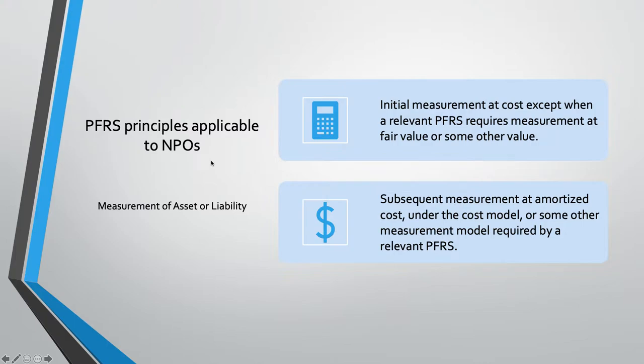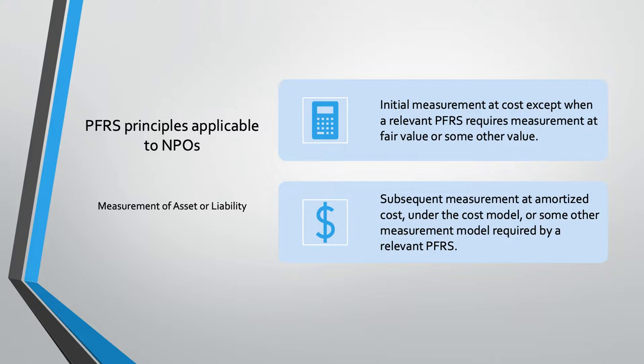Okay, and measurement of asset and or liability. The initial measurement is at cost, except when a relevant PFRS requires measurement at fair value or some other value. Subsequent measurement is at amortized cost under the cost model or some other measurement model required by a relevant PFRS.